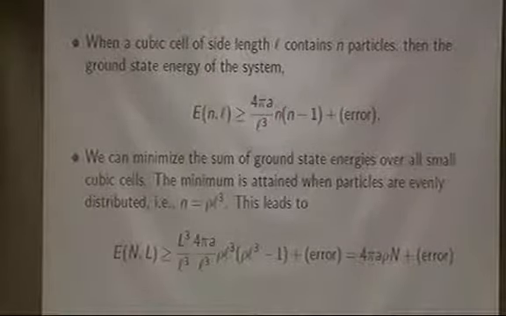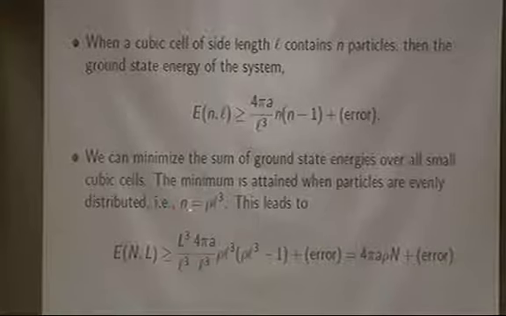And then we want to minimize the total energy, which is the sum of the ground state energy over all small cubic cells. You can see that this n times ms1 is convex, so you can use Jensen's inequality, or there are many different ways of minimizing these functions over the cells, but anyhow, the minimum is attained when particles are evenly distributed.